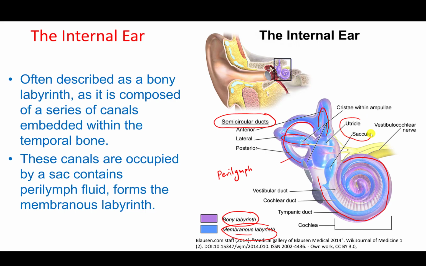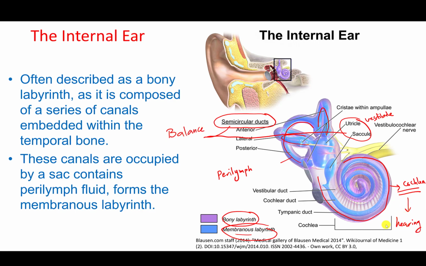Those both, we will call them the vestibule. Okay, the utricle and saccule. And the saccule is continuous or connected to the cochlea. Now, if you remember, we said the inner ear is responsible for balance and hearing. So the semicircular ducts and the vestibule, those are for the balance, whereas the cochlea is for the hearing.